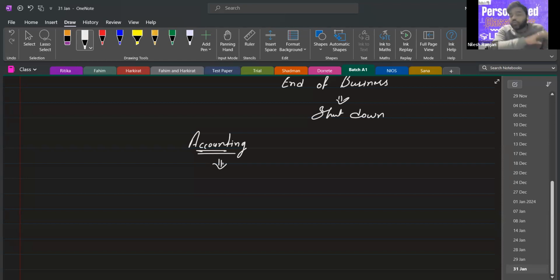But if we are talking about the normal procedure, then first of all, we will go through the basic process: we will sell all our assets and realize money from these assets, then we will pay the liabilities of the firm, and after that, if any money is left, if there is any balance, then we will distribute it between partners for their capital contribution. Okay, sir. And what if after payment of capital there is still some balance? Then what will we do?